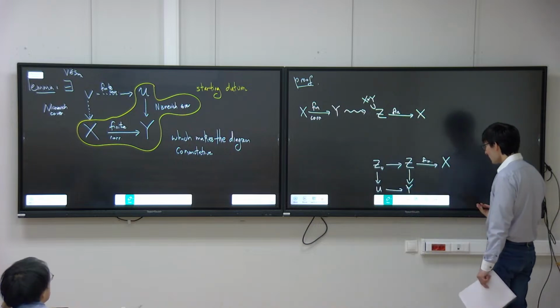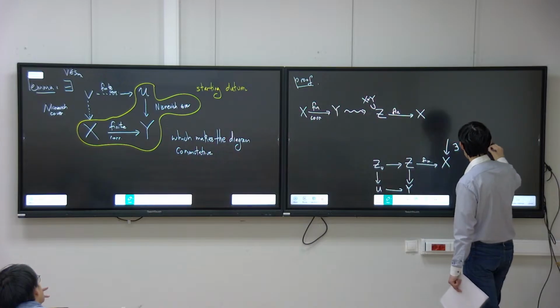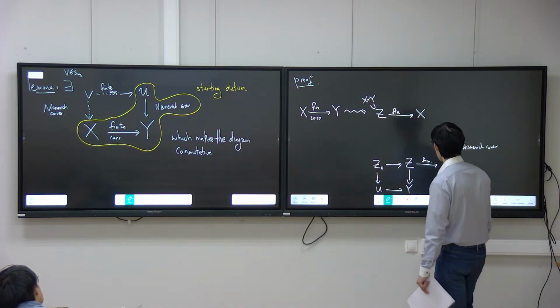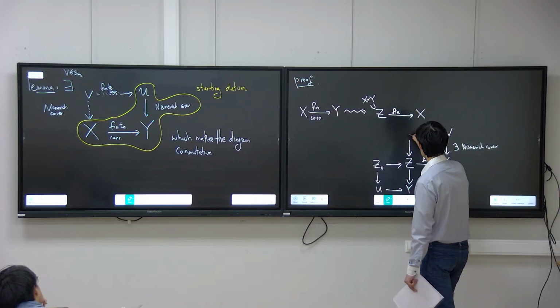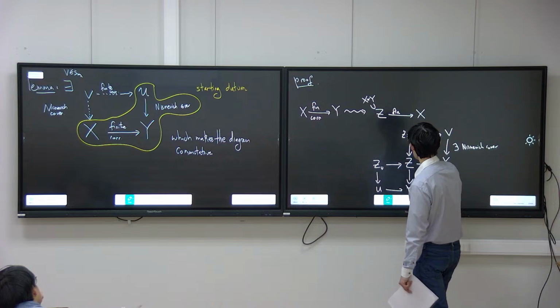So this means that locally for the Nisnevich topology, there exists some Nisnevich cover, say V here, such that if I pull back along here, let's just, without introducing too much more notation, take the actual fiber product.